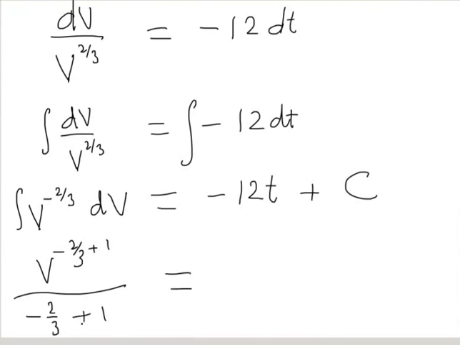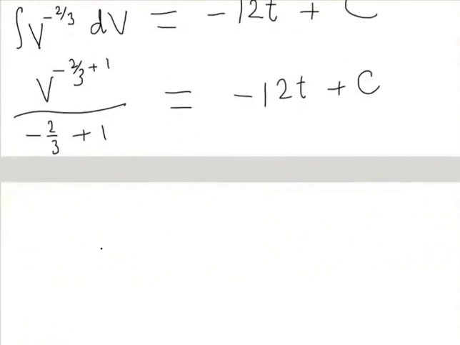The rule is the integral of V to the n is V to the n plus 1 divided by n plus 1. Simplify this, we will have V to the 1/3 and then divide by 1/3, which is the same as multiplying by 3. So we have this.